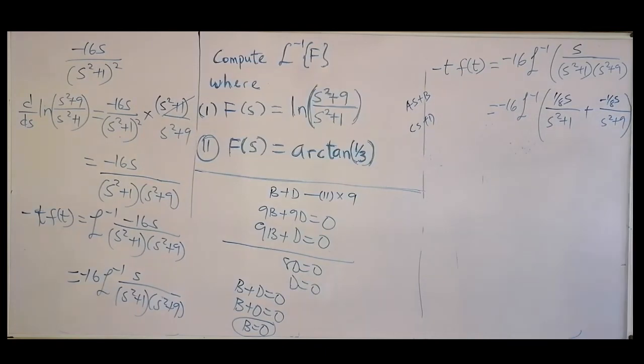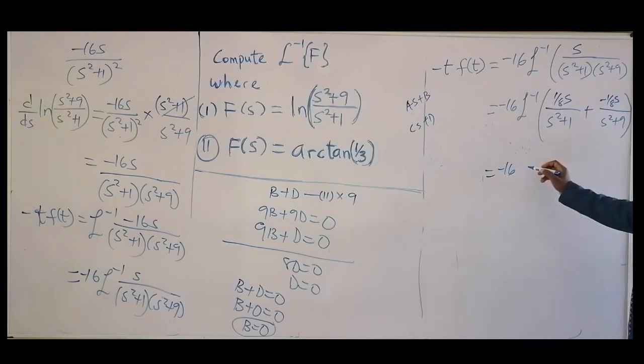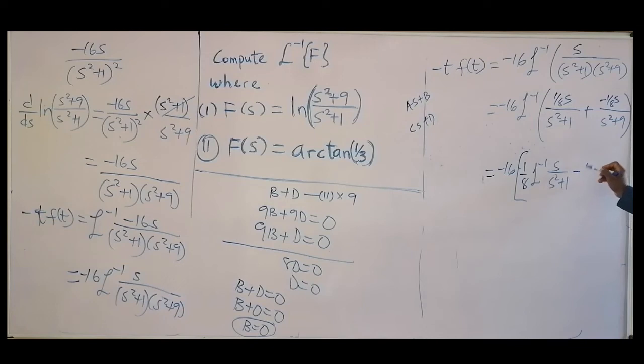So now it equals minus 16. We can take the 1/8 outside: the inverse of x over s² + 1, then open the brackets, minus 1/8 times the inverse of x over s² + 9.